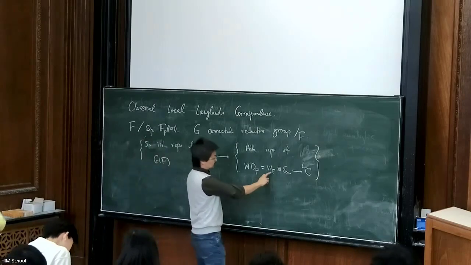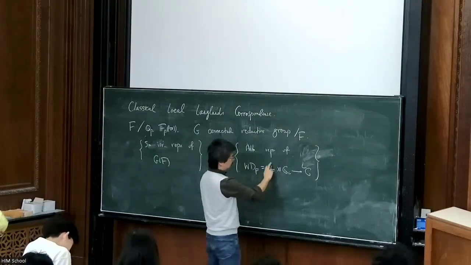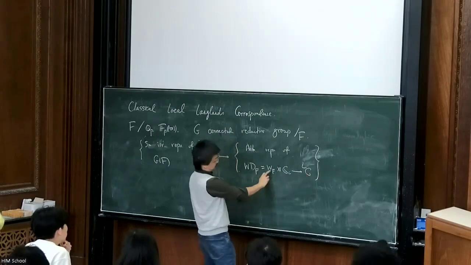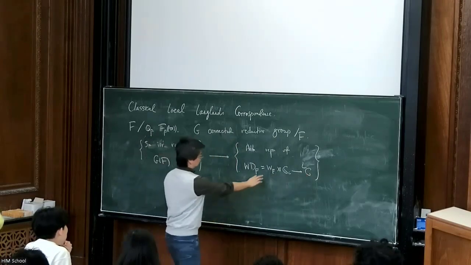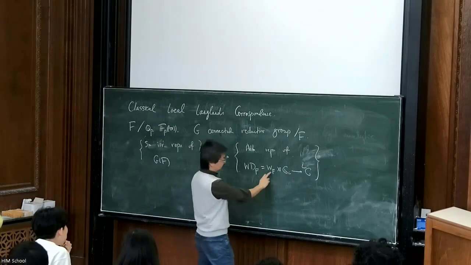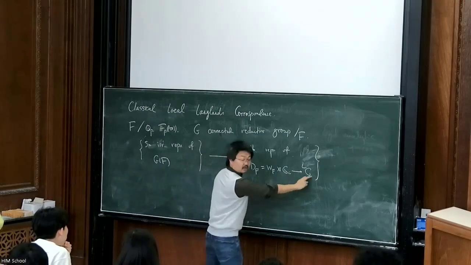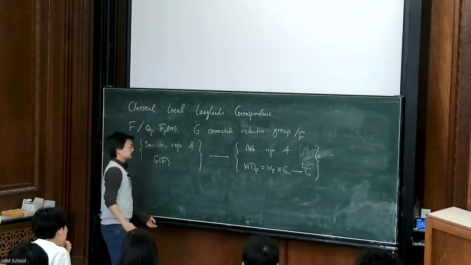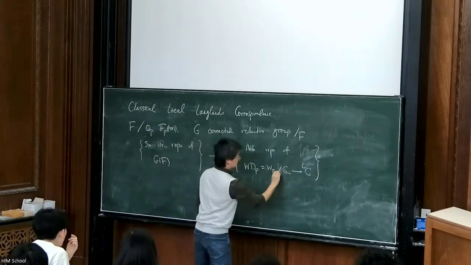For example, you want this map to be continuous, with discrete topology here and the usual topology there. Here you want Frobenius to map to a semisimple element, and the unipotent part to map to a unipotent element.